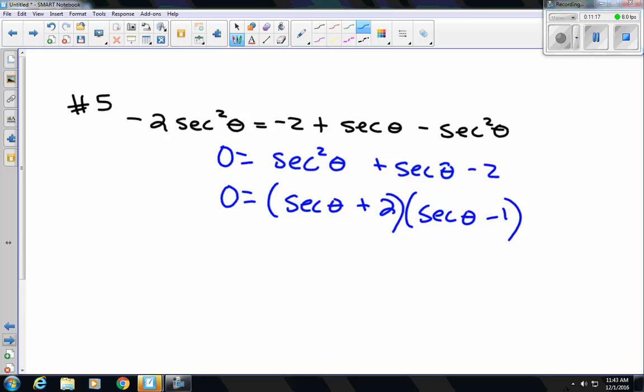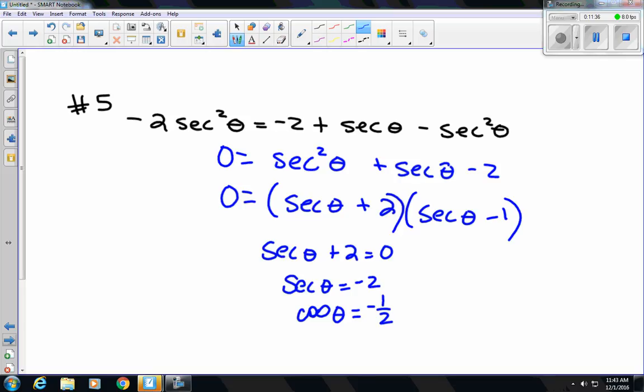Oh, never mind. It's like x squared plus x minus 2. Oh, okay. All right, so secant of theta plus 2 equals 0. Secant of theta would be -2, which is cosine of theta is -1/2.